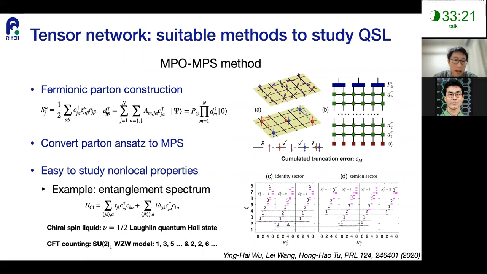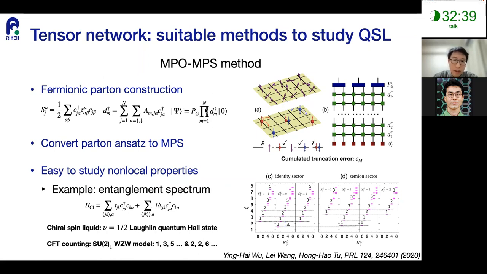And here, d_m dagger is the creation operator of single-particle orbitals, which are formed by diagonalizing the mean-field Hamiltonian, and then you can fill up the band, and finally you use this Gutzwiller projector to project out no occupancy and double occupancy cases and obtain a wave function in the original spin Hilbert space, which is called the parton ansatz.